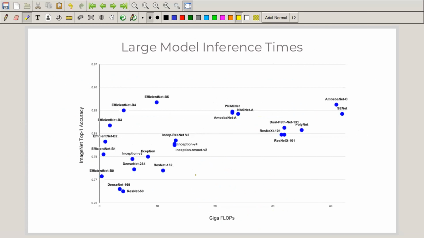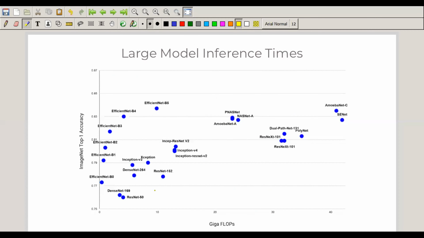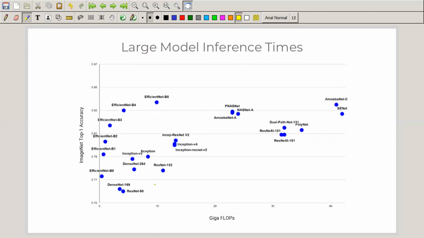Likewise, you can have very high model inference timings. And you can see the model inference time for small gains in accuracy on some data set like ImageNet is significant, right? The inference time is in terms of gigaflops.